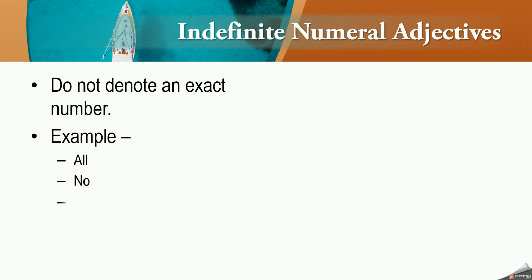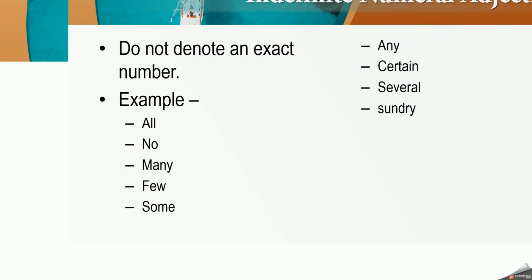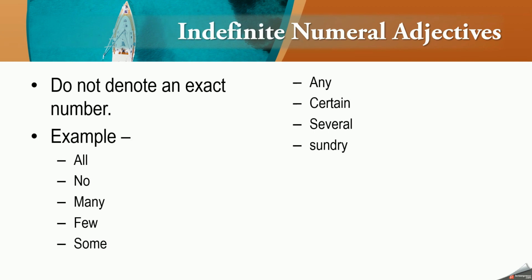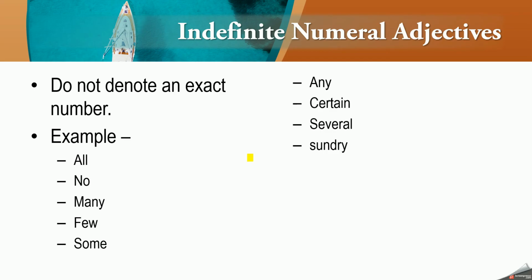For example, all, no, many, few, some, any, certain, several, sundry. Here when I say all men are the same, all represents what? There are countless men in this world, so you cannot say how many men there are. No or many, few, they don't give me the exact number of the nouns, hence they are referred to as indefinite numeral adjectives.